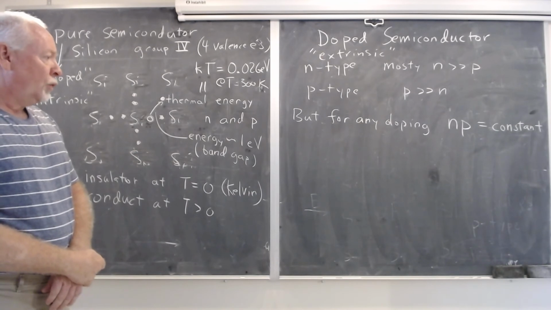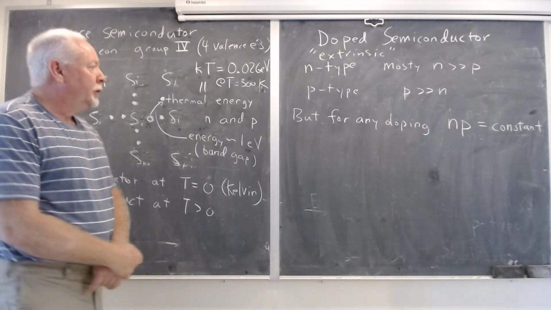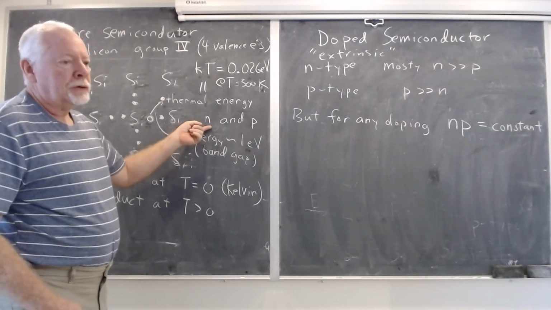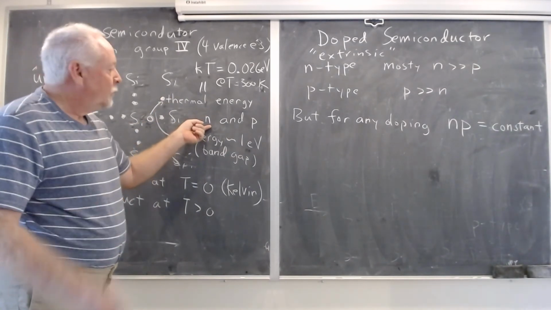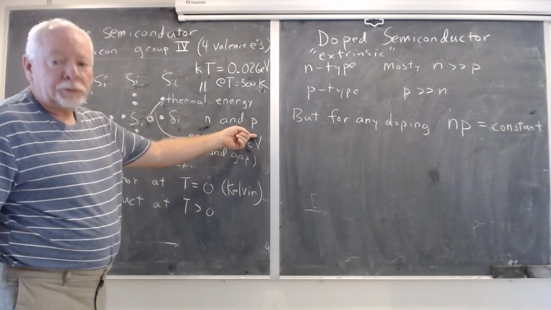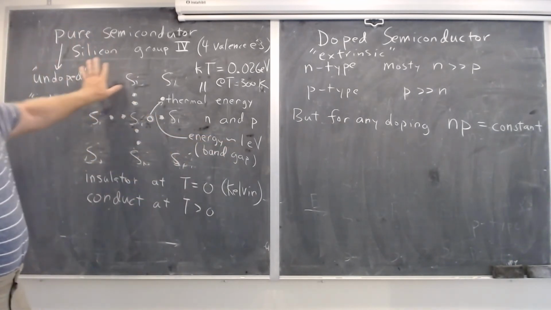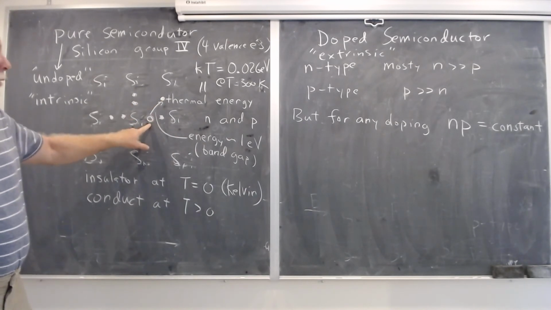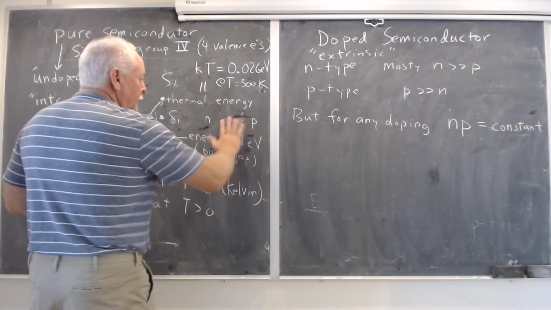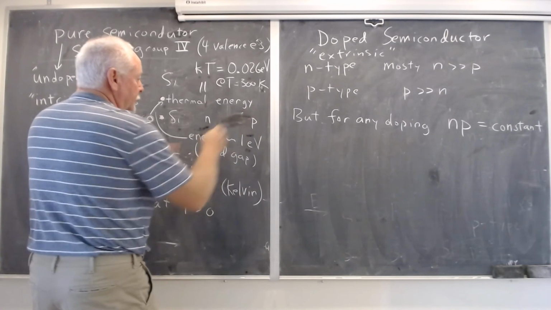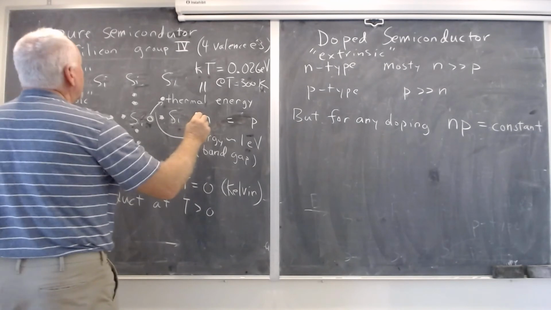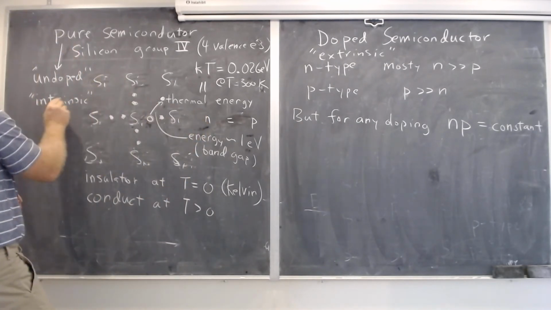But what I'm telling you is that if I start with an intrinsic, there's a certain number of n, a small number, and p is equal to that. Remember, for intrinsic, every time you make an electron, you make a hole.